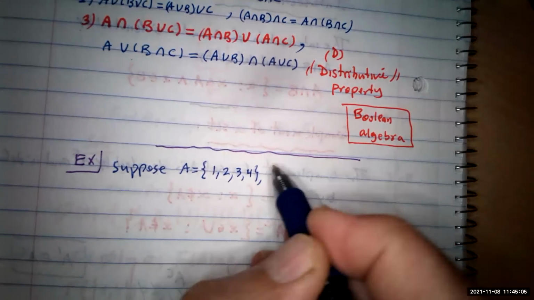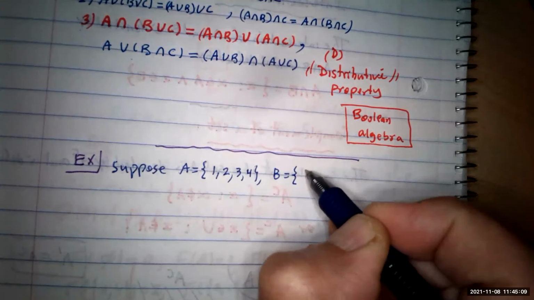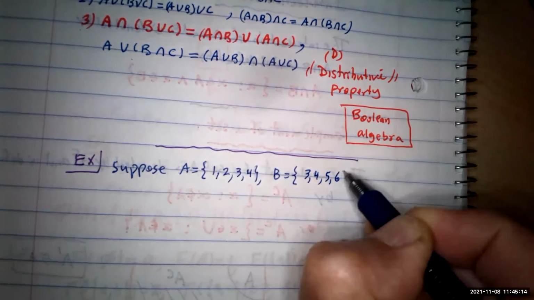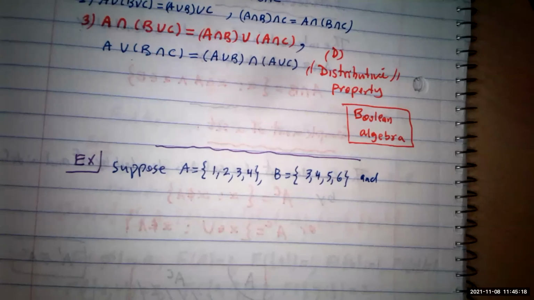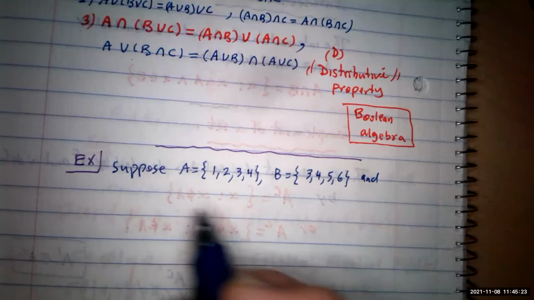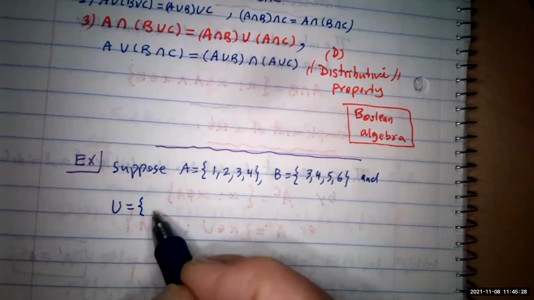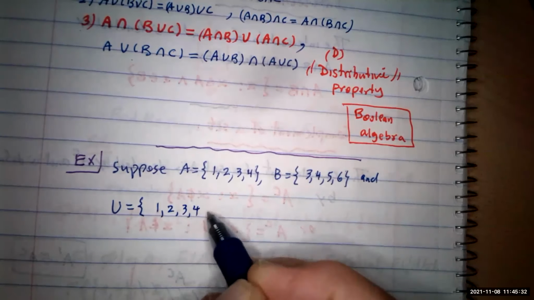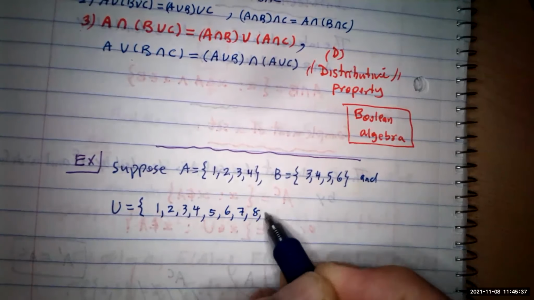This is set A, and you have a set B. Set B is 3, 4, 5, 6, and then you are going to be given a universal set. Anytime they want to talk about the complement, they have to give you a universal set. So the universal set for this argument is 1, 2, 3, 4, up to 9. Okay, 5, 6, 7, 8, and 9.